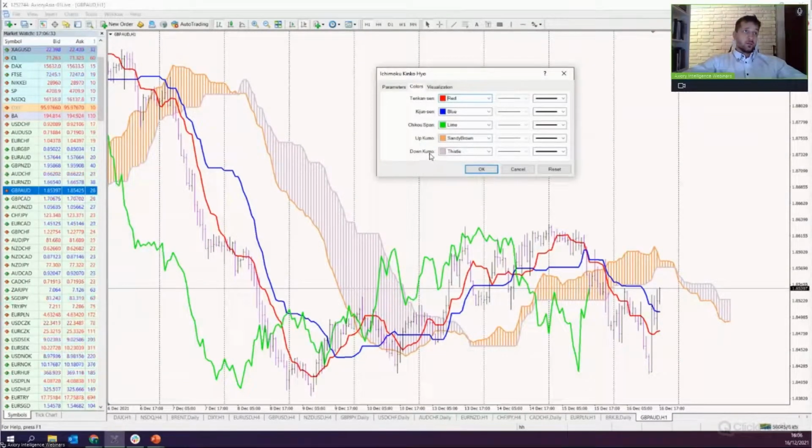And Senkou span B, of course, I'm reading this, there is no reason to remember all this. Senkou span B is calculated by adding the highest high and the lowest low over the past 52 periods, dividing it by 2, and then plotting the result 26 periods ahead. You can see that the cloud is already drawn and the price is here.